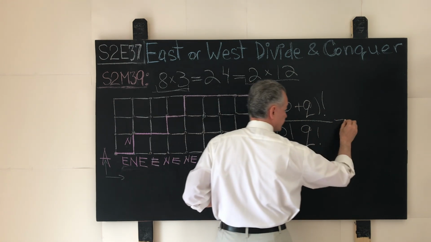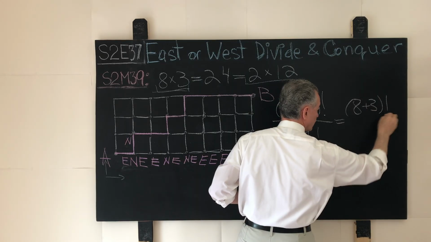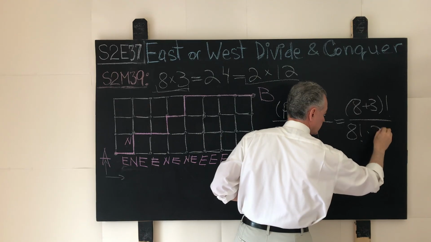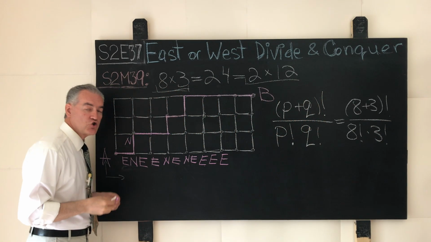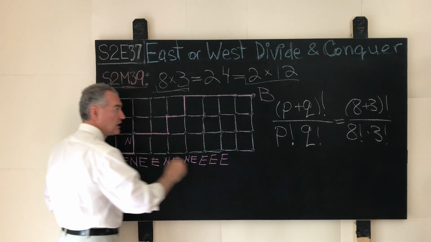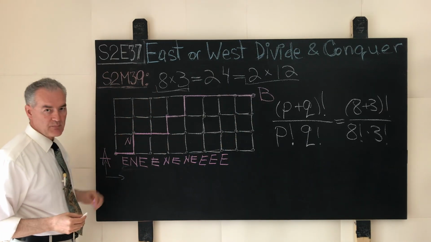And in this case, what does it mean? It means that we have (8 plus 3) factorial divided by 8 factorial times 3 factorial. This is how many distinct shortest taxicab paths we can take from the point A to the point B. And once we find such a path, what do we do?